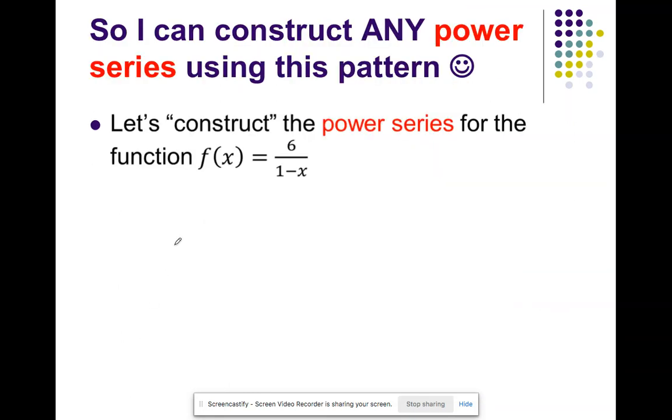So let's practice. I can make any power series if you give me a function. So given f of x, make a power series. And they will always tell you how many terms, AP or on our test, we will always say write out first 4 terms or something like that.